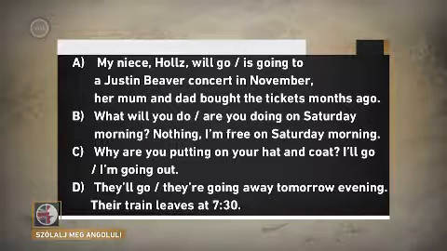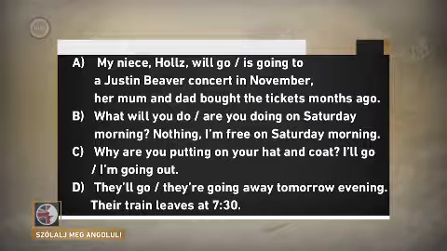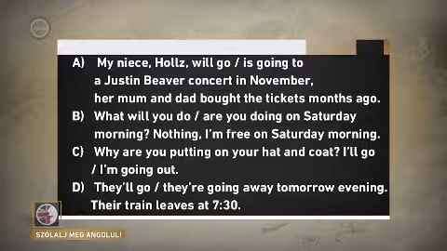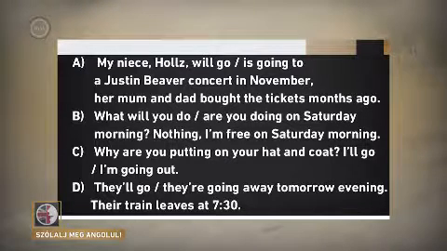What are you doing on Saturday morning? Nothing. I'm free on Saturday morning. Why are you putting on your hat and coat? I'm going out. They're going away tomorrow evening. Their train leaves at 7:30.